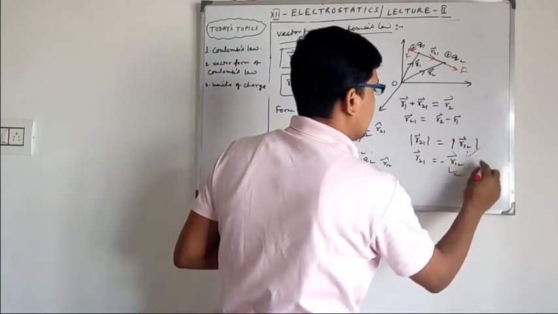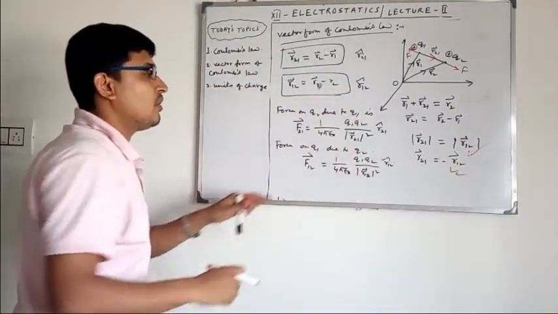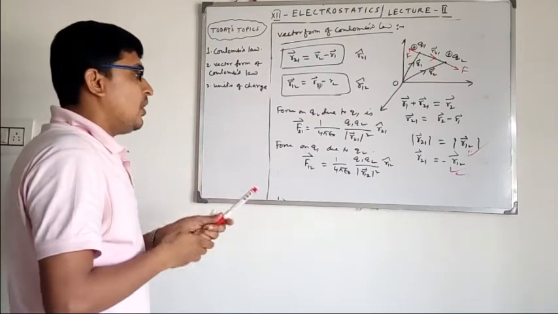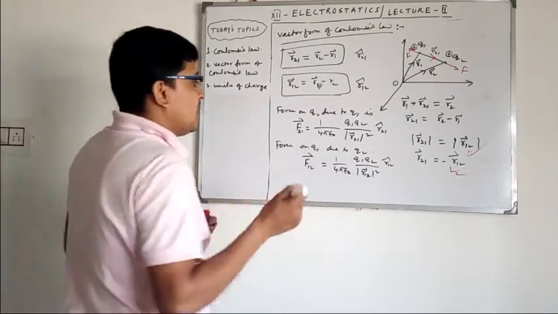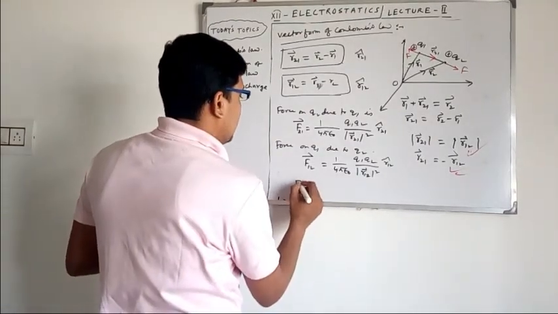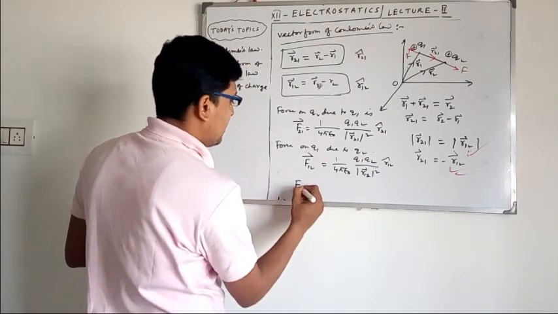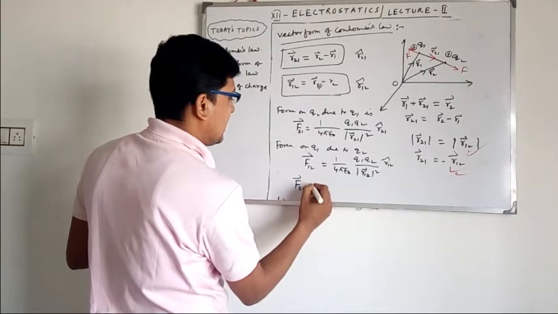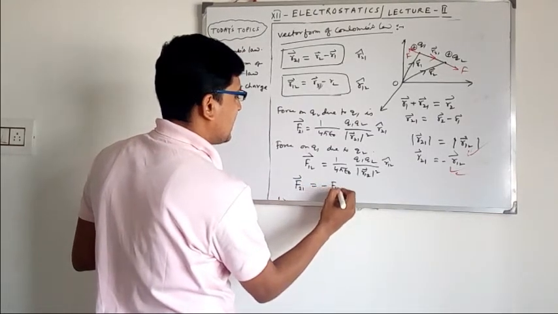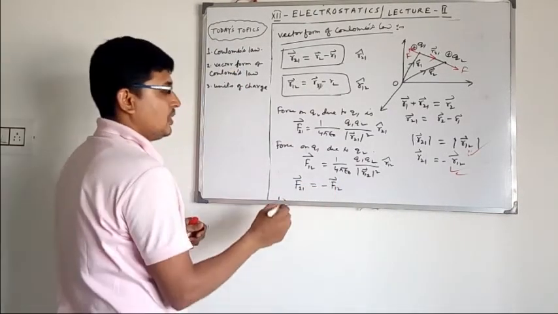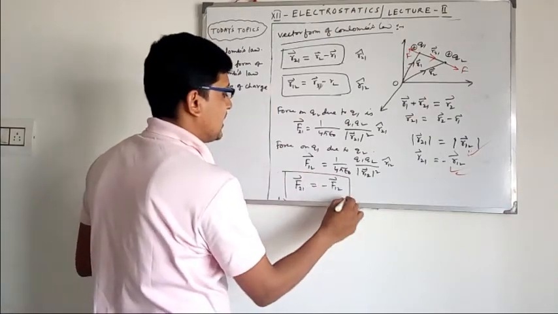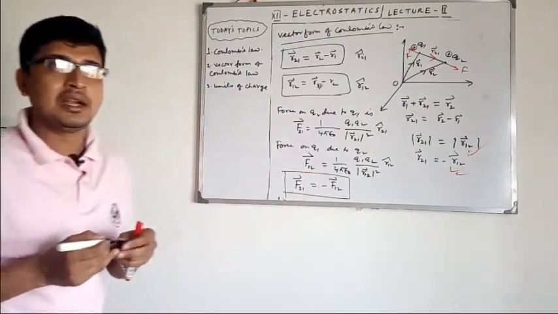Now, if we put this relation in any one of these two equations, then we can see very easily where we arrive: F21 is equal to minus F12, and this is nothing but Newton's third law.